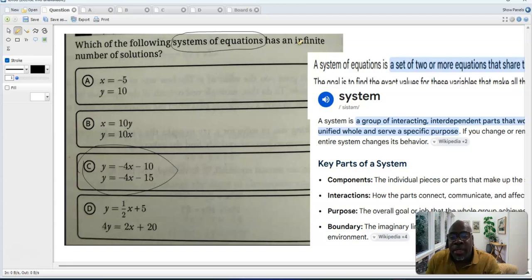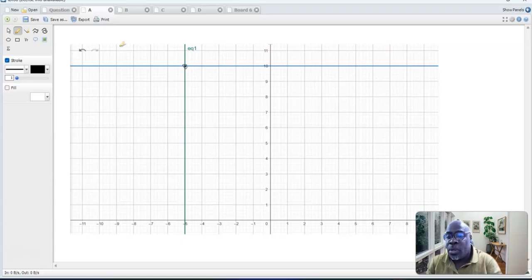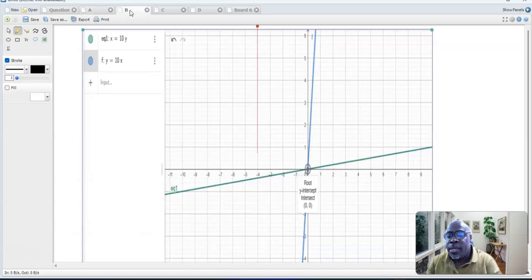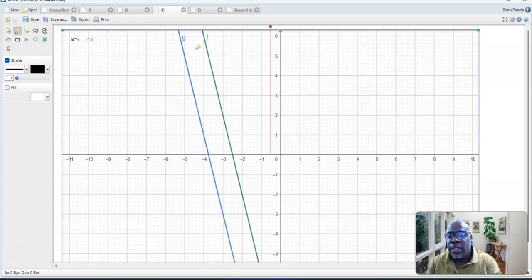Infinite means more than 2, more than 3, multiple, a non-stop number of solutions. So far, our graph shows that A only has one solution, B only has one solution, and C has no solutions.